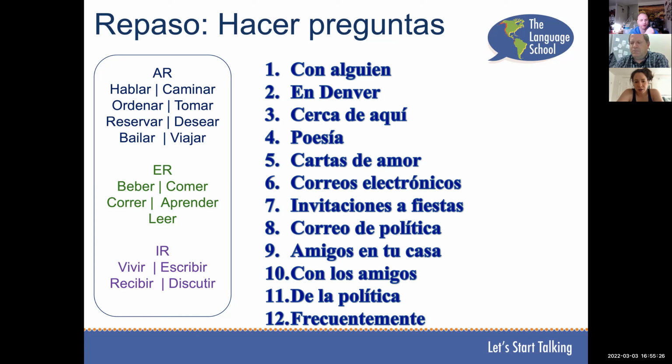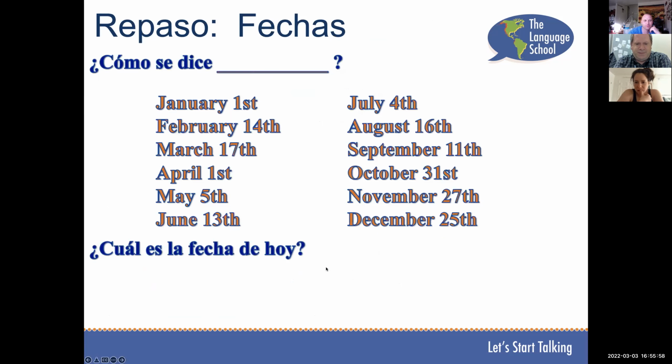Sí, yo hablo de la política. ¿Tú discutes frecuentemente? Sí, discuto frecuentemente. Okay. Muy bien. Take turns asking each other these questions.